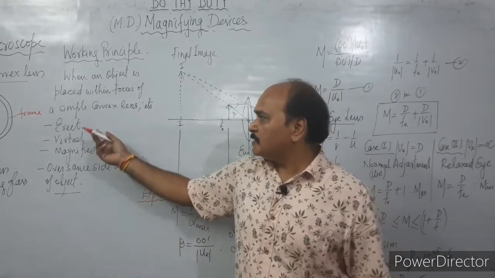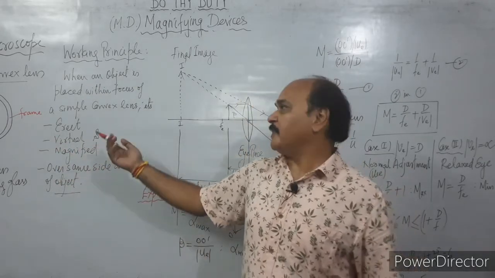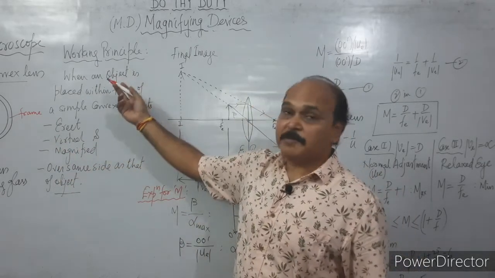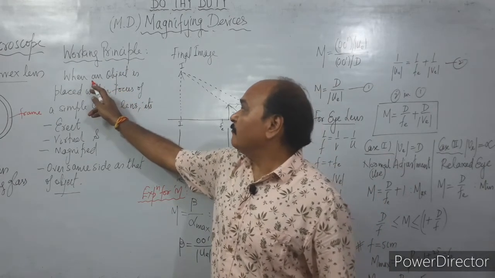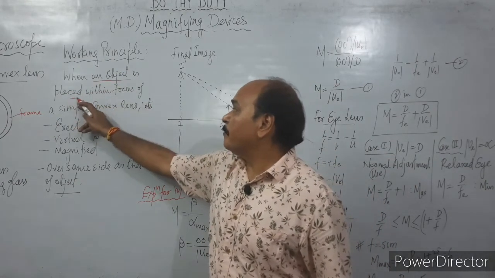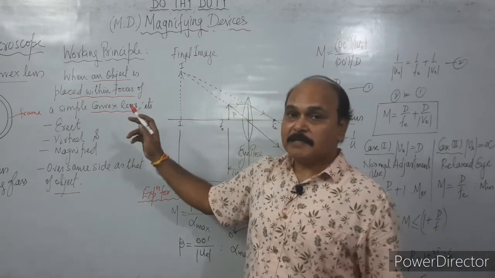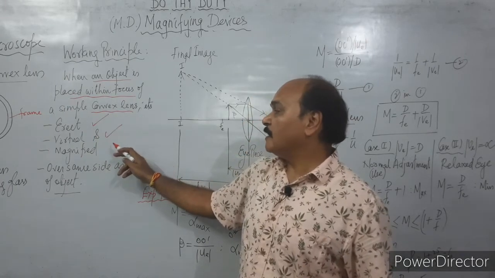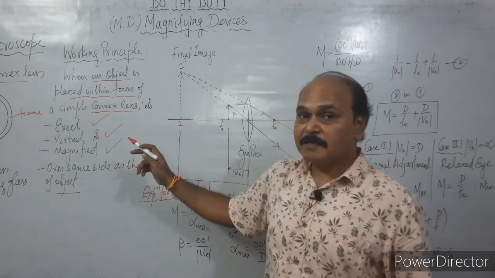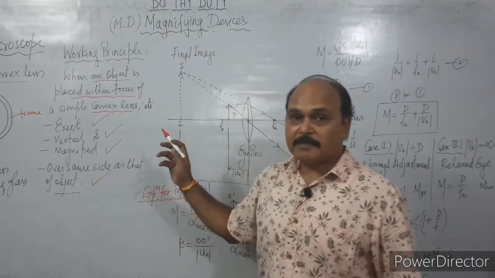This eyepiece or simple convex lens behaves as a magnifier, and its working principle is, when an object is placed within the focus of a simple convex lens, its erect, virtual, magnified image is formed on the same side as that of the object.